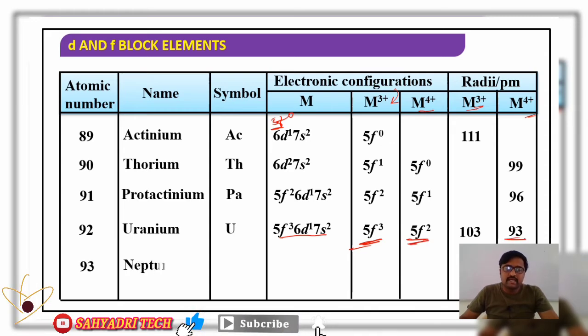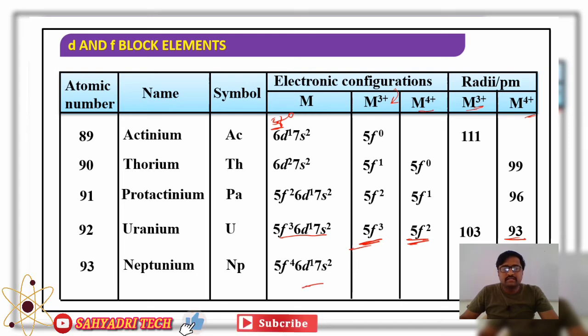Then atomic number 93, neptunium, Np is the symbol, with elementary configuration 5f4 6d1 7s2.